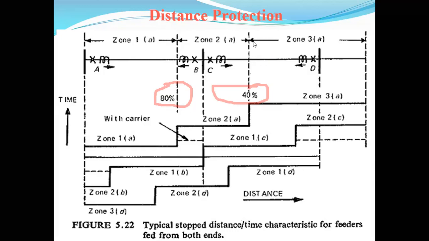Why do we take distance protection? When a fault occurs, we observe how long the feeder line is, what the fault current is, and how long a length of that feeder line will be damaged by that fault current. That all will be calculated, and then we use a protection for that distance.